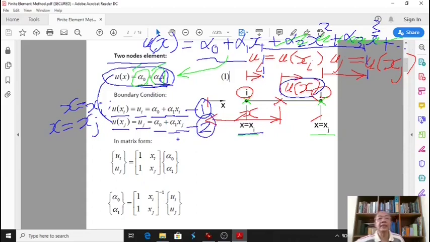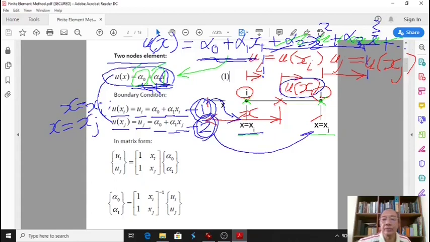Okay, from here, that's why we just need two terms of this polynomial, alpha 0 plus alpha 1 x. We ignore the rest of the terms. Why? Because we have two parameters here, alpha 0 and alpha 1, and we need two boundary conditions or two equations. So the first equation comes from the first node, and the second equation comes from the second node.